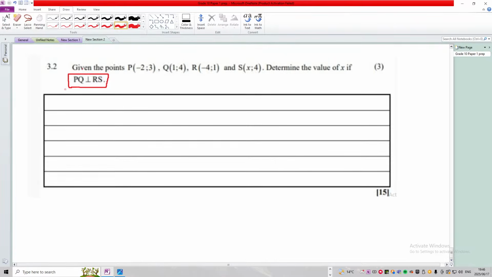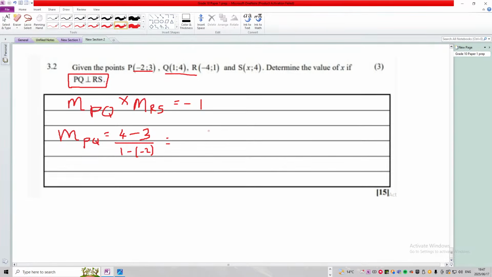So if I find the gradient of PQ and I multiply it by the gradient of RS, I will get -1. Let me do that. I can find the gradient of PQ because I've been given that. The gradient of PQ is y2 minus y1, so it's 4 minus 3 over 1 minus 2.